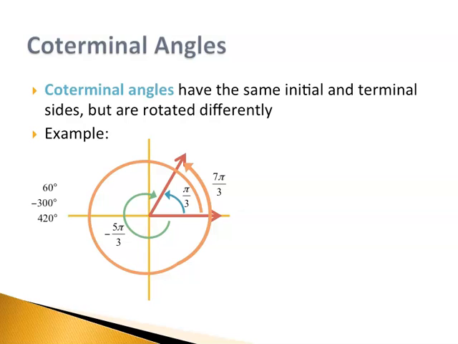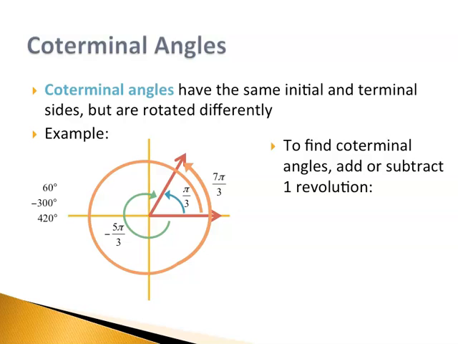So another way to think about how we are getting these other coterminal angles is that all you have to do is add or subtract one full revolution, whether that's 360 degrees or 2 pi. If you start with 60 degrees, you subtract 360, you get negative 300. You add 360, you get 420 degrees.